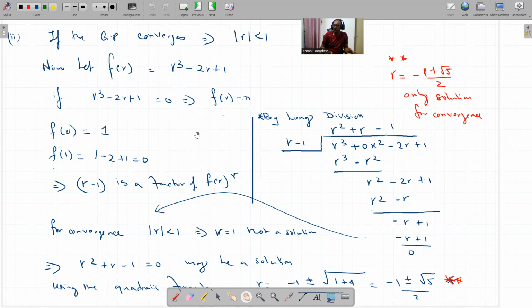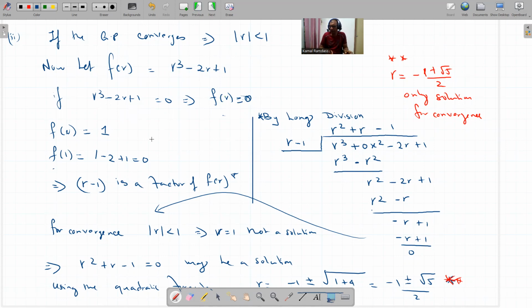To get the value of R, I need to solve the cubic equation R cubed minus 2R plus 1 is equal to 0. So f of R is equal to 0. We use the remainder and factor theorem.